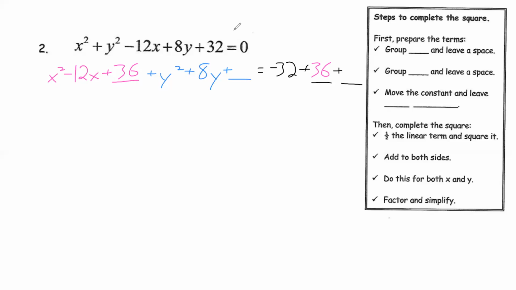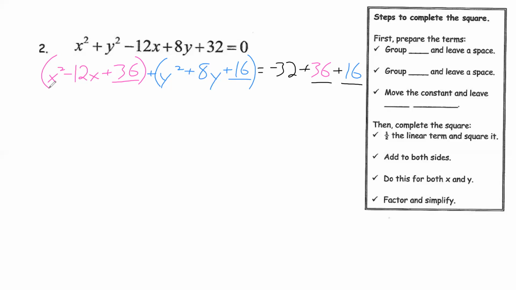What do we have to do with the 8? Divide it in half, divide by 2. So we get 4. And then we square it, so it's 16. And now we have 2 perfect square trinomials.